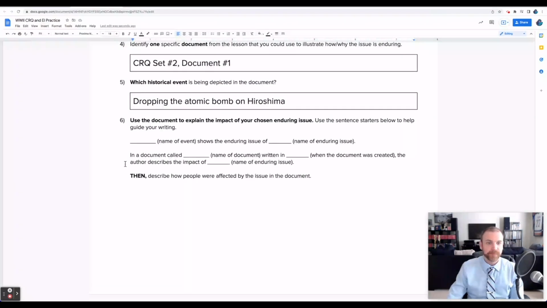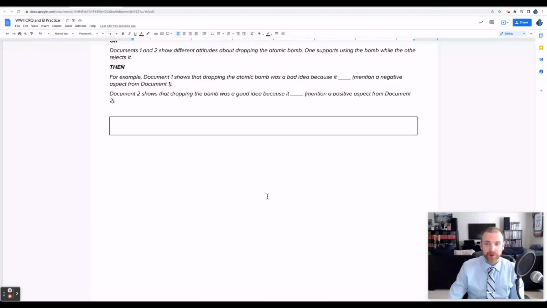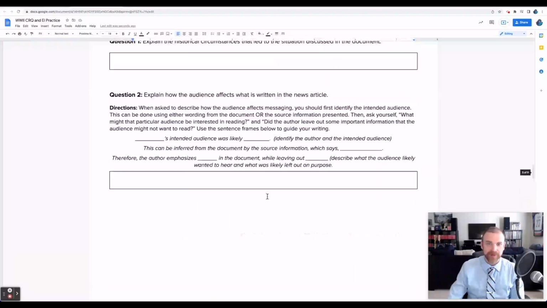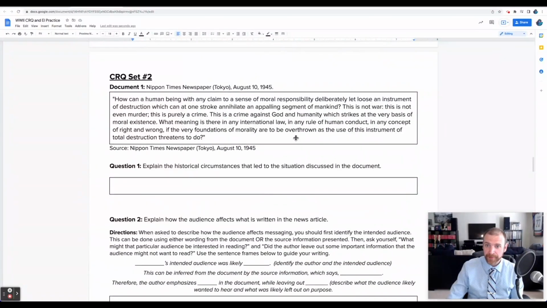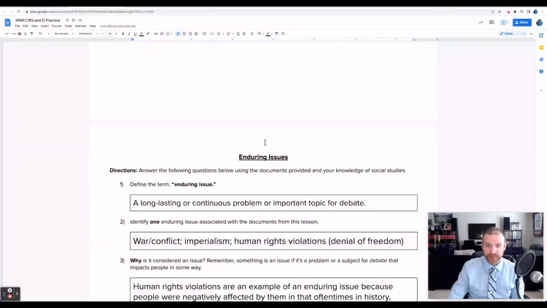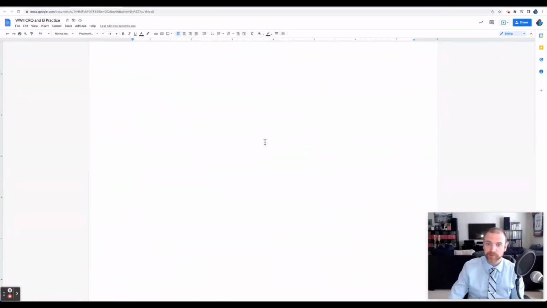All right, so then describe how people were affected by the issue in the document. So how were people affected in the document, right? Obviously it's a short little document here, but it definitely talks about people being killed in an immoral way. All right, so I will just summarize that in the last part here.